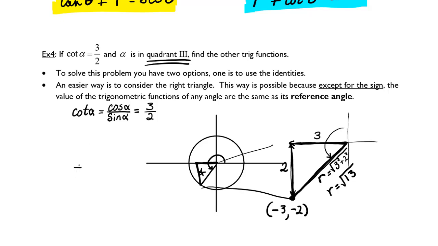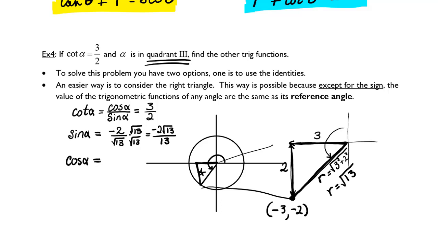That allows me to write all the other trig functions. Sine of alpha is -2 over the square root of 13. And rationalizing, -2 root 13 all over 13.